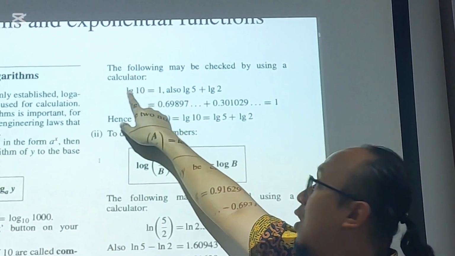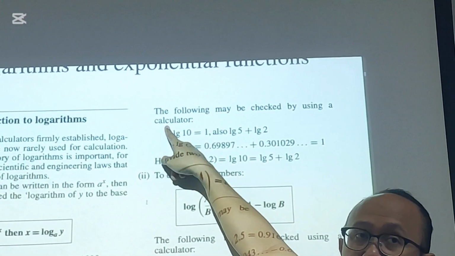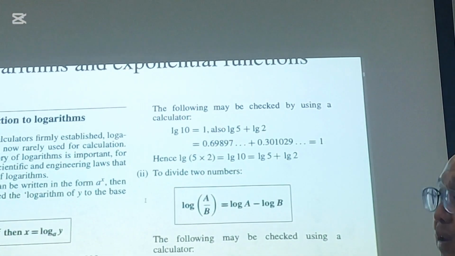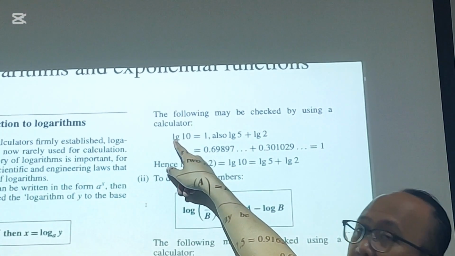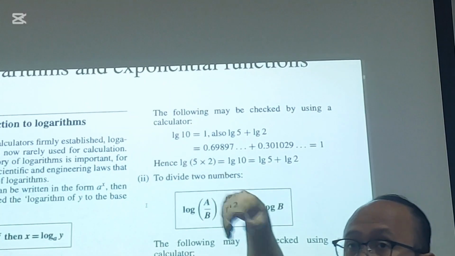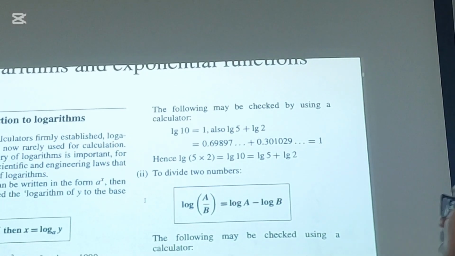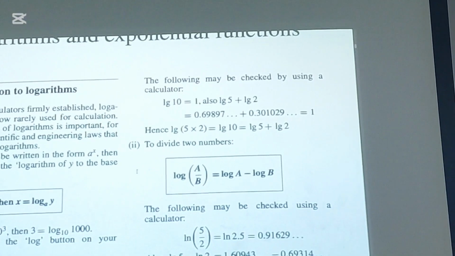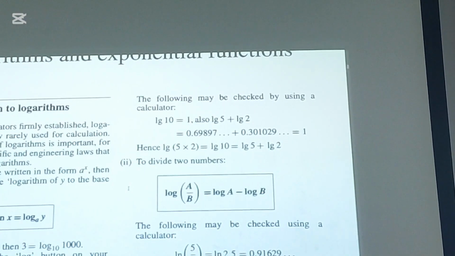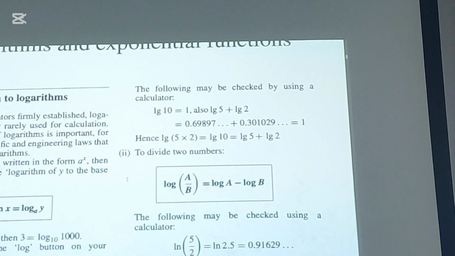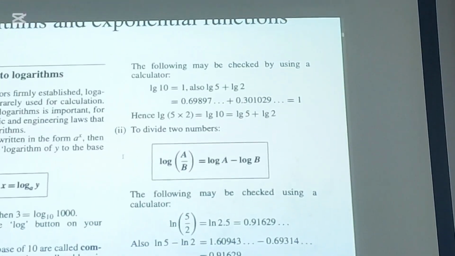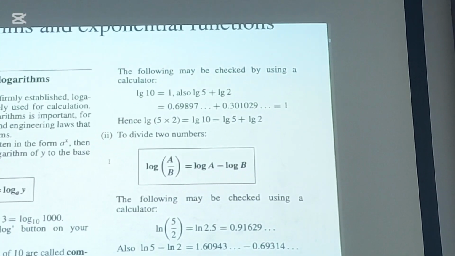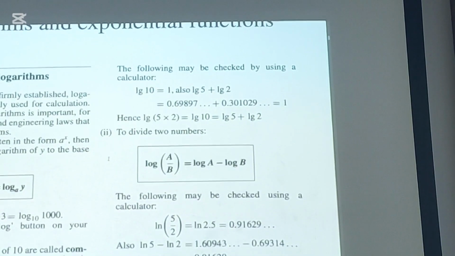Log 10, you don't have to put 10 as a basis, because we already know that if you didn't put it, it means this must be 10. Log 10 is equal to 1. Why equal to 1?